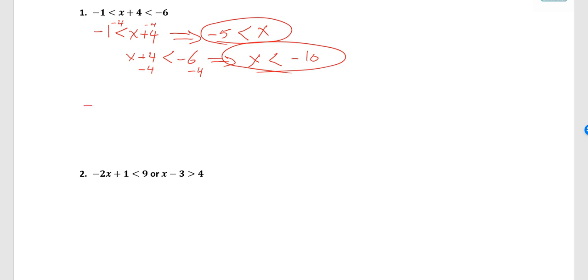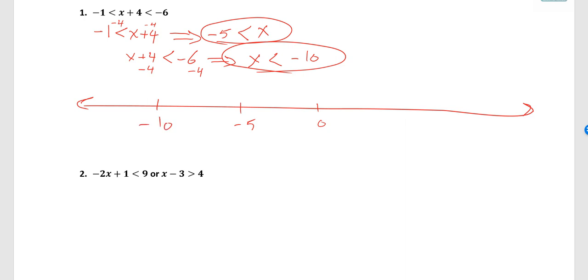So if I create a number line, and I have 0, minus 5, minus 10, etc., 5, whatever. x is greater than minus 5 will give me this, whatever is towards the positive end from minus 5, and x is less than minus 10 will give me this, whatever is towards the negative end from minus 10.